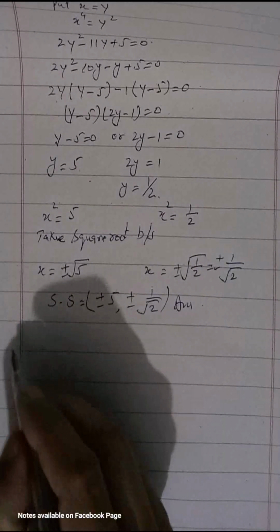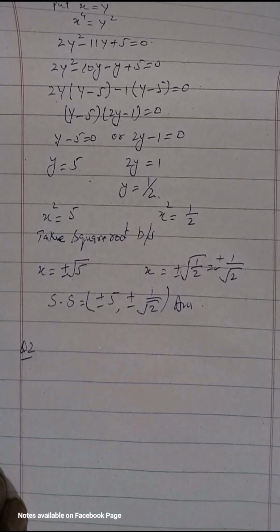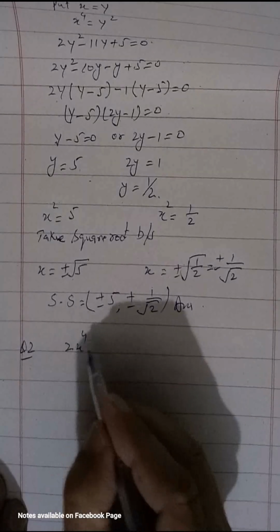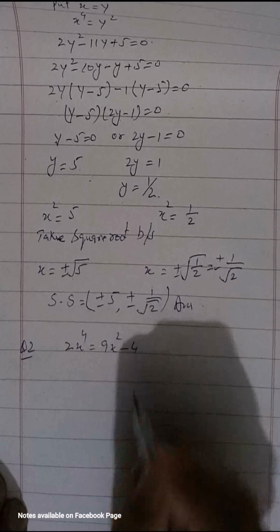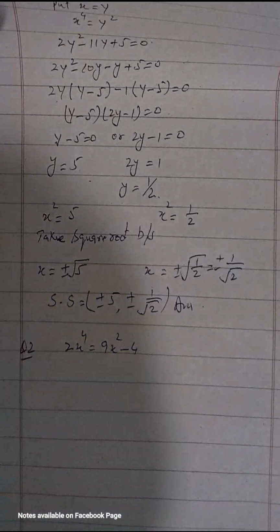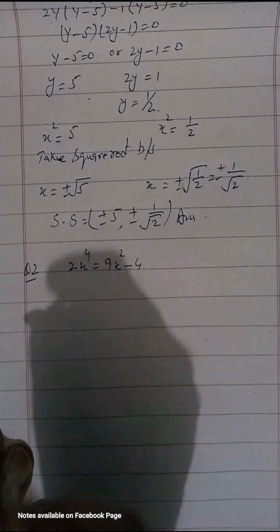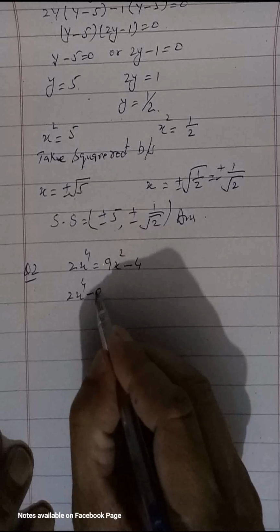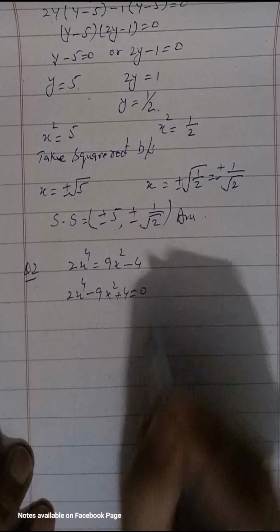And question 2 is 2x power 4 is equal to 9x square minus 4. Now we convert the equation into standard form, which is 2x power 4 minus 9x square plus 4 is equal to 0.